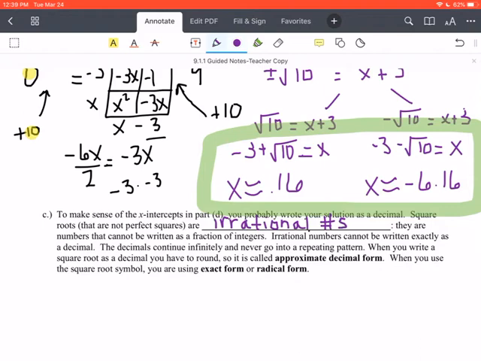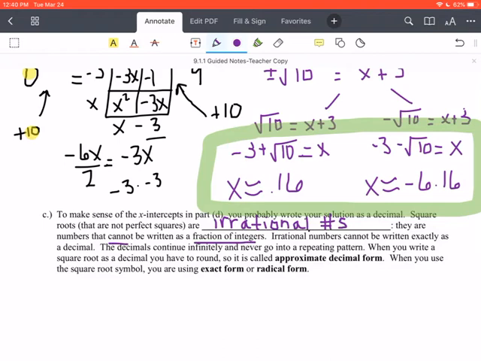Okay, irrational numbers are numbers that cannot be written as fractions or integers. So right now, if you still have your decimal in your calculator, I want you to do math enter, which tries to convert the value into a fraction, and you can see that it does not convert. So not every decimal can be written as a fraction, and those are called irrational numbers. The decimal continues infinitely and will never go into a repeating pattern.